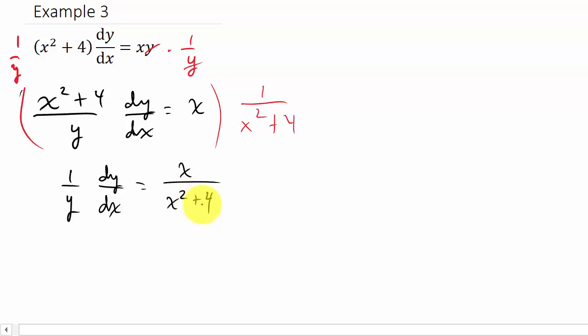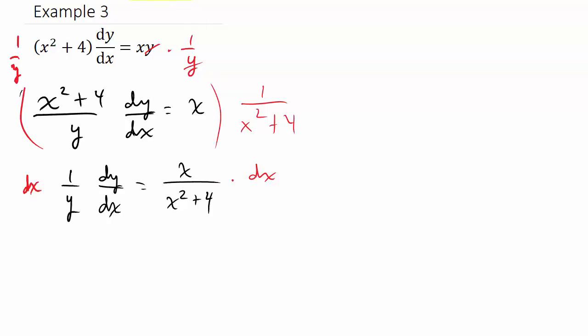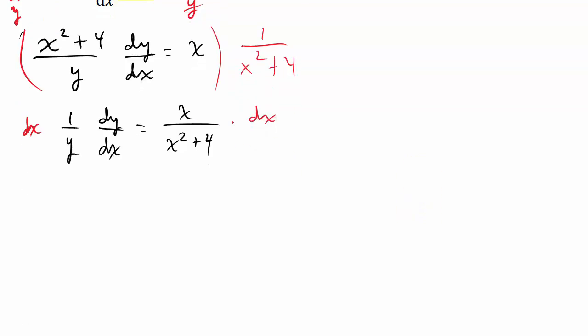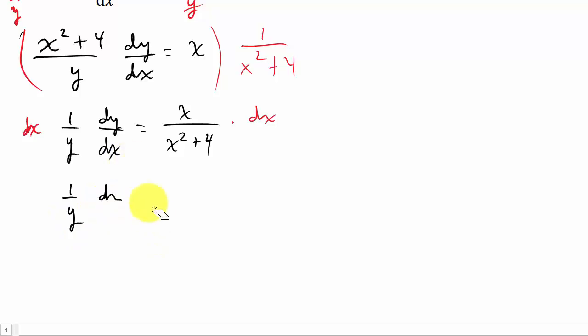Okay, and then I would need to do what? Multiply both sides by dx. Okay, and so that would give me 1 over y dy equals x over x squared plus 4 times dx.